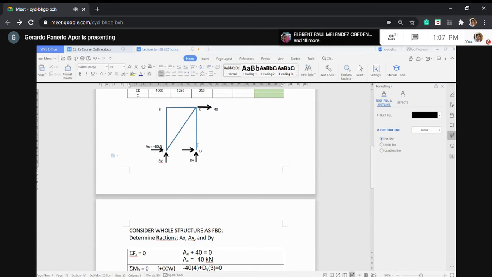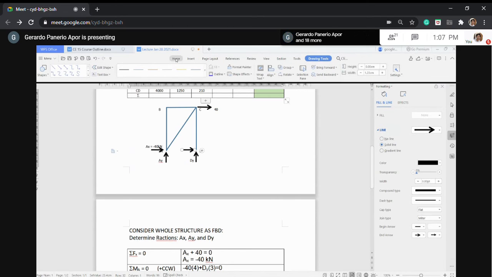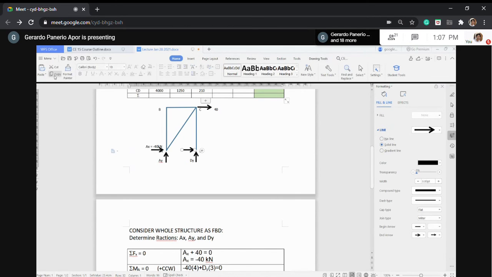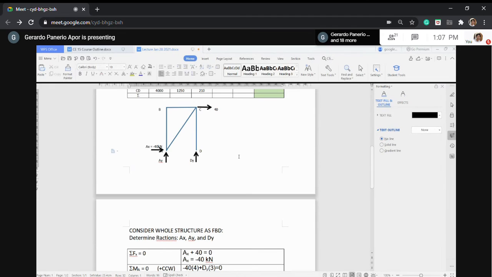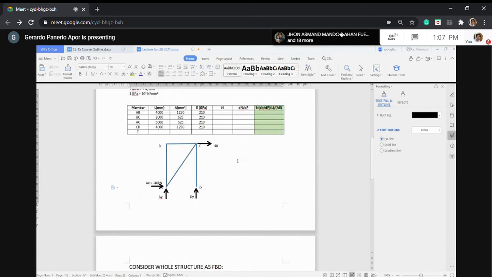This member could only be in equilibrium if this horizontal arrow does not exist. So that it will not exist, we will cut that. Another is that you notice that this is not a triangle. The only triangle here is ABC, while ECD is not a triangle.